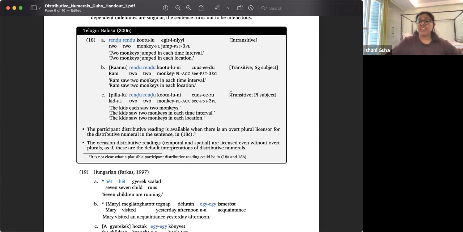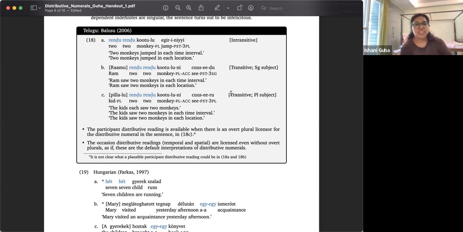On top of that, it also has the participant distributivity, right? That is, remember our atomic distributivity or even non-atomic distributivity. So, each of the kids saw 2 monkeys. This reading is available as soon as a plural subject is available for the distributive numeral rendu kutululu, right? 2 monkeys.